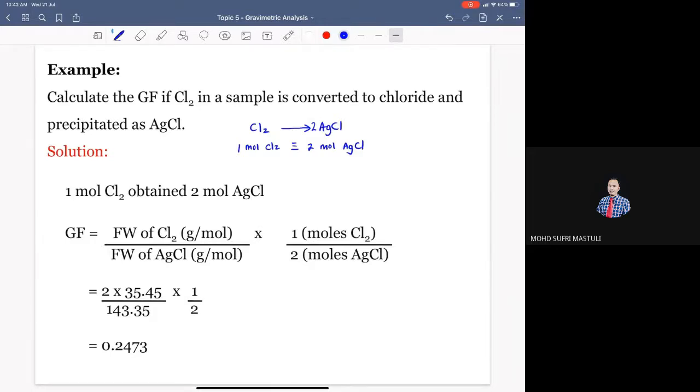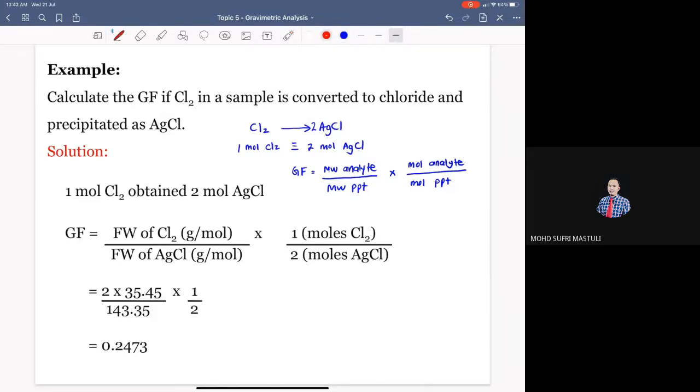Okay. So the gravimetric factor is the molecular weight of analyte over the molecular weight of precipitate, times the mole of analyte over the mole of PPT.